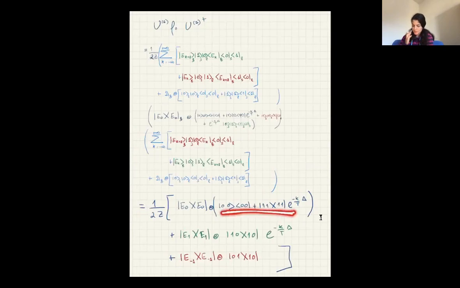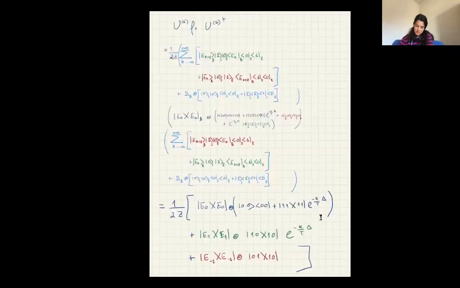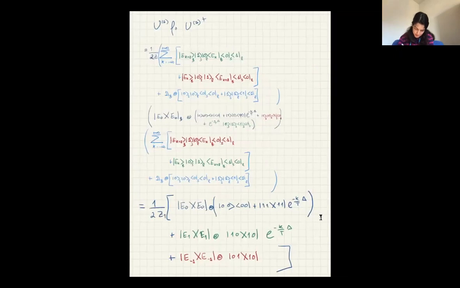Here, these two are diagonal, so they behave very, very well for the partial trace. I just need to take this thing here plus the coefficients. So it's going to be 1 over 2z. And let's call this z1 because it's the z of the first qubit.